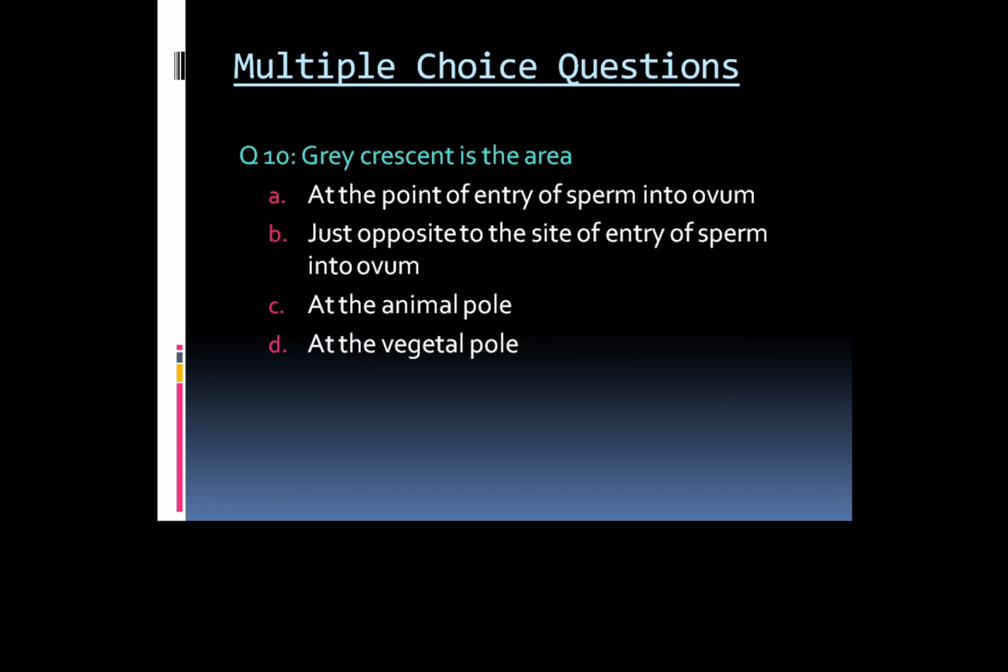Question 10. Gray crescent is the area option A, at the point of entry of sperm into ovum, option B, just opposite to the site of entry of sperm into ovum, option C, at the animal pole, or option D, at the vegetal pole.